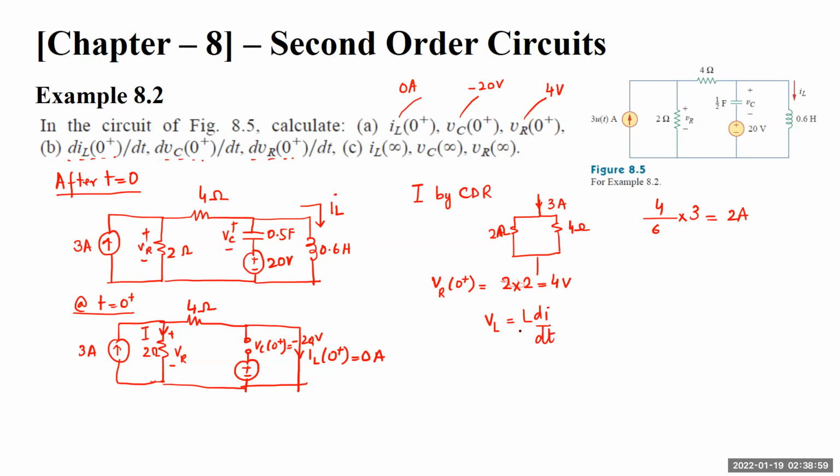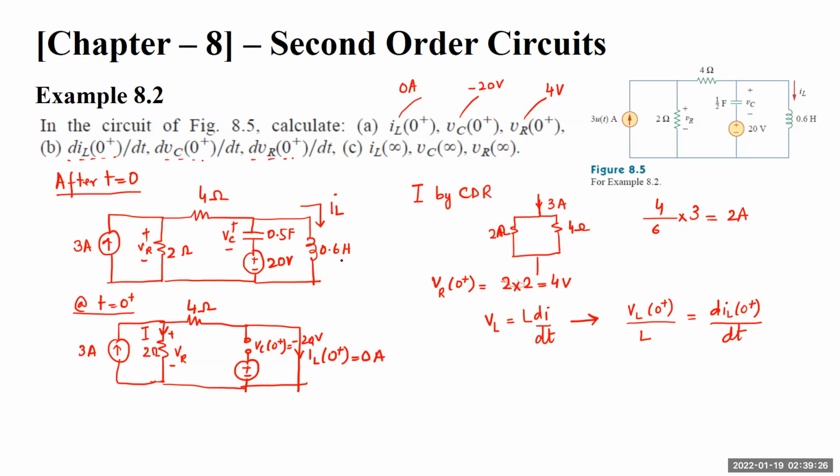This is the base equation which we get, right? With this base equation, we can find that VL(0⁺) divided by inductance is equal to dIL(0⁺)/dt. And what will be the value of VL(0⁺)?